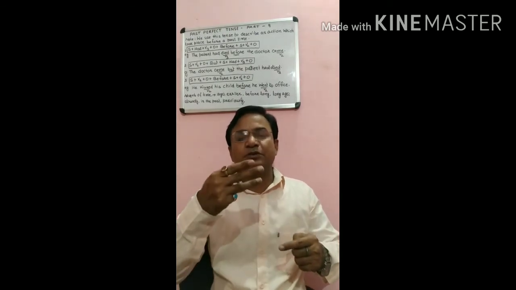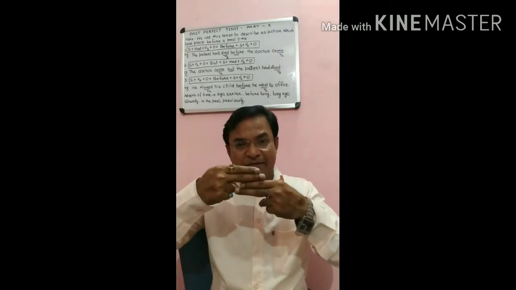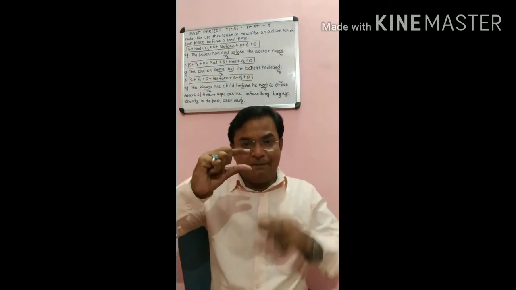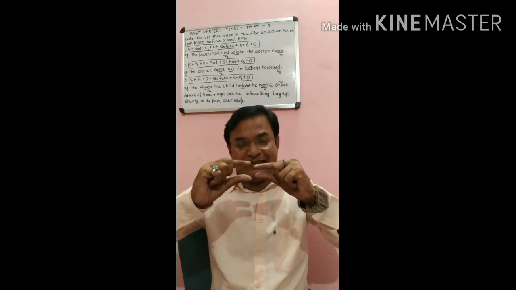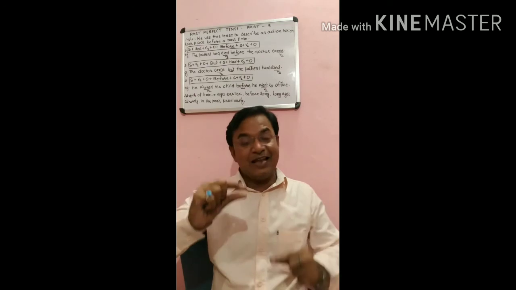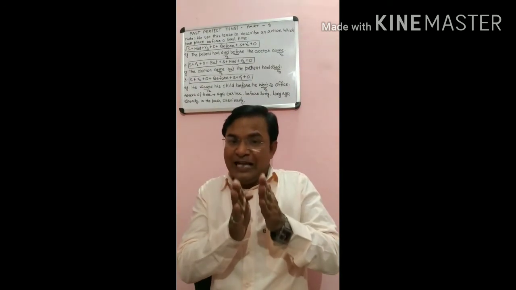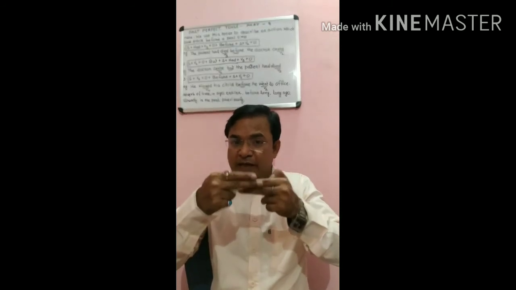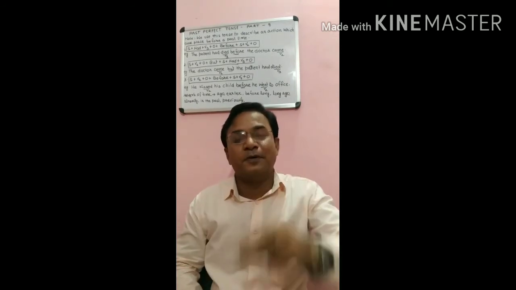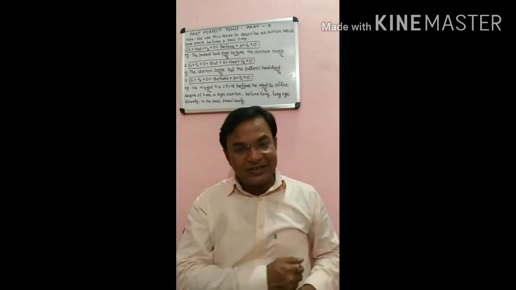In the structure number 3, we saw that 2 actions are taking place, but the time gap between them is very less, and due to that less time interval, we use the simple past tense structure 2 times connected with before. Children, I hope you must have understood this video very well.